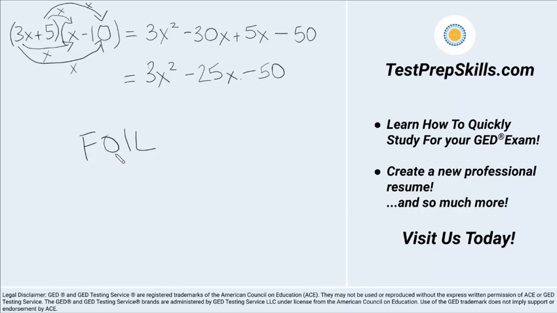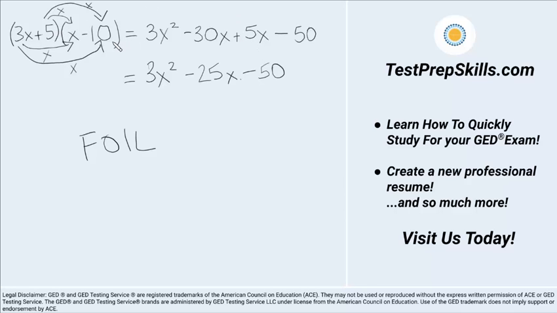O stands for outer or outside, which means we multiply the two outer terms: the first term in the first bracket and the second term in the second bracket. That gives us our second term. The I represents inner or inside, so we multiply the two inside terms: the second term in the first bracket and the first term in the second bracket. That gives us our third term.